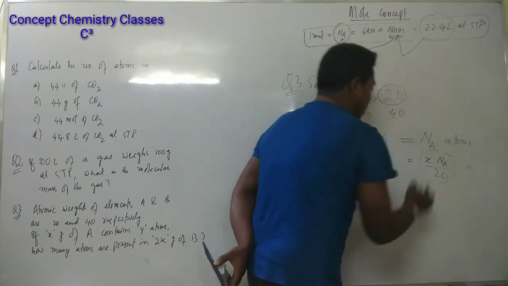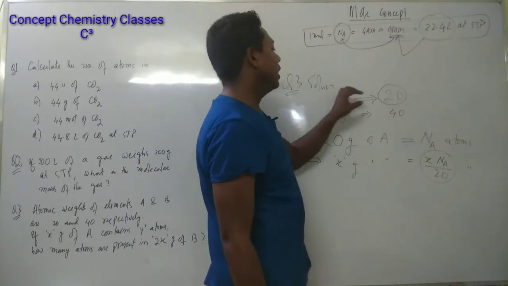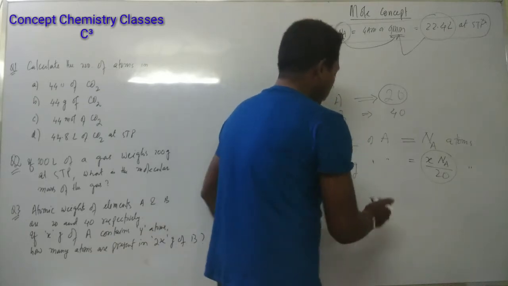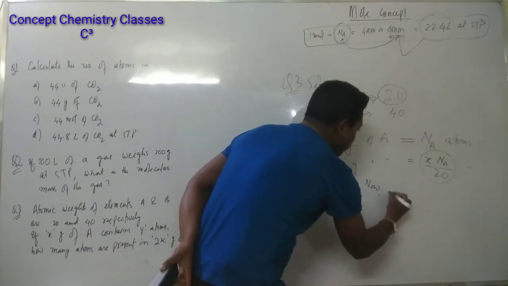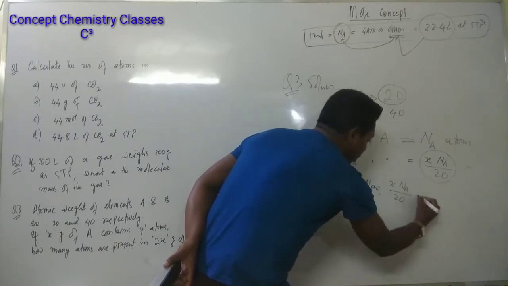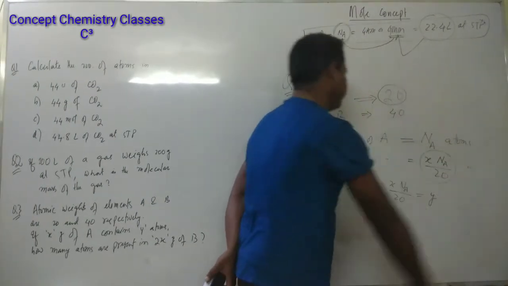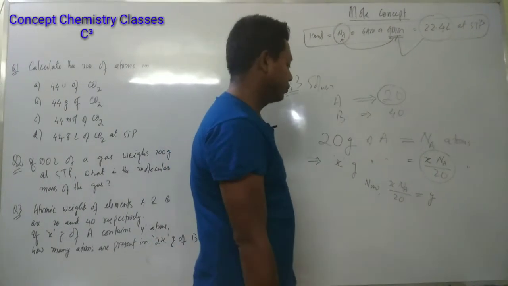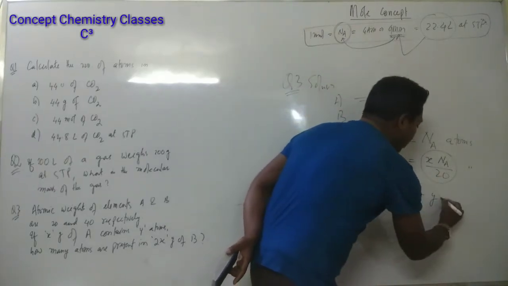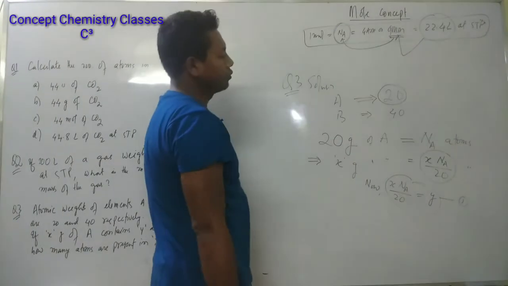This is the number of atoms present in X gram of A. This is given as Y here. Now this X Na divided by 20 has to be equal to Y. Here we have a relation, equation number 1.